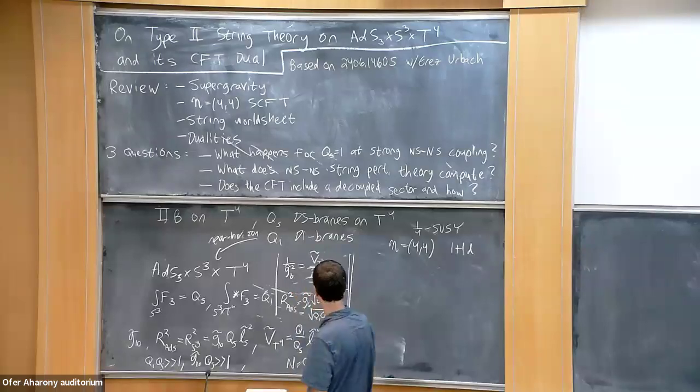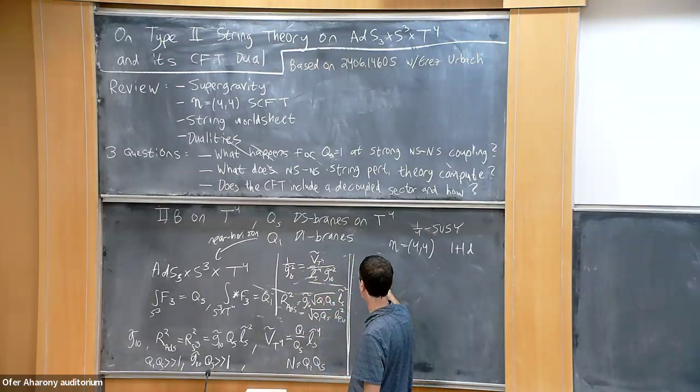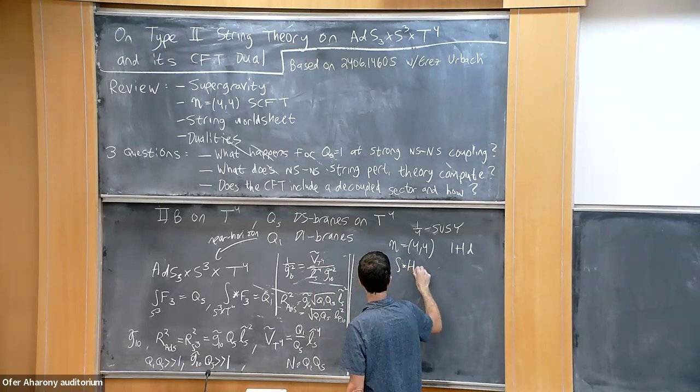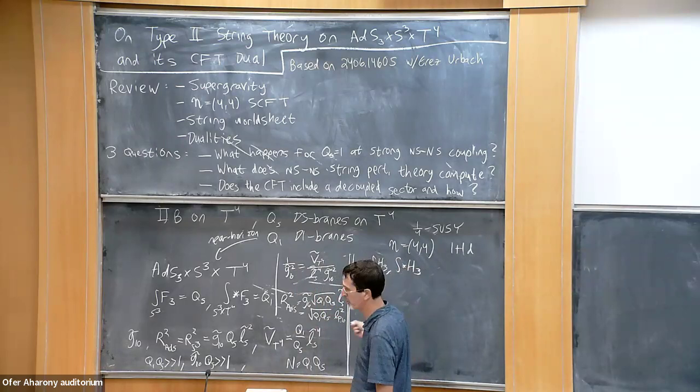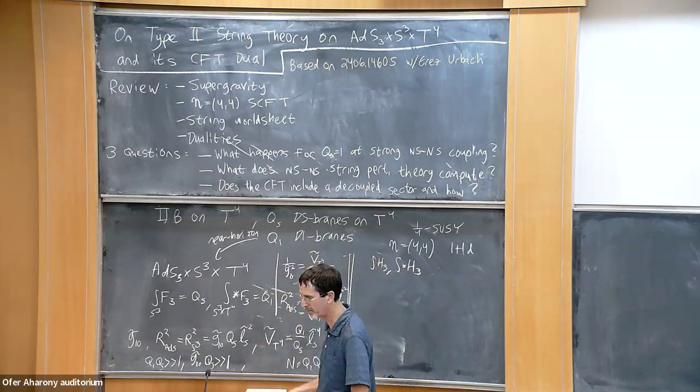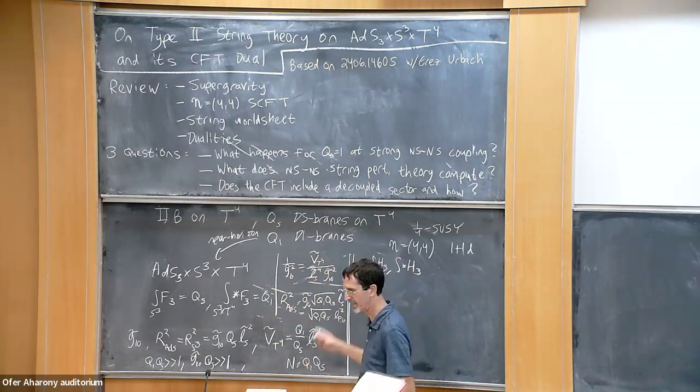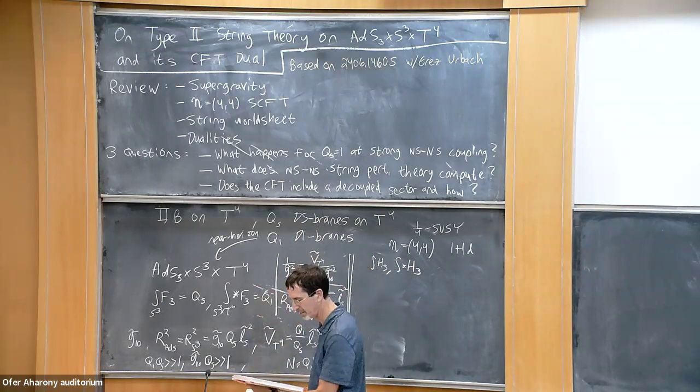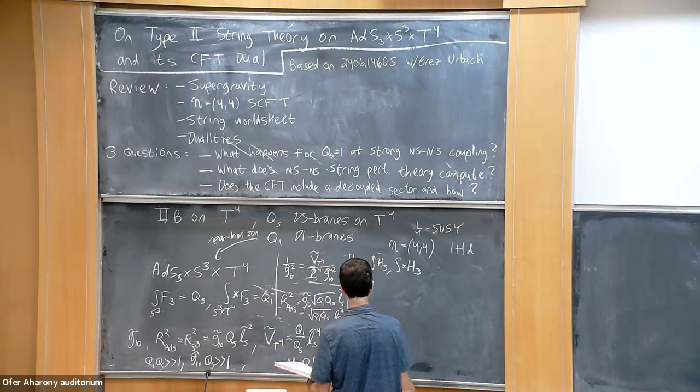Now we can perform an S-duality of type 2b string theory and describe the same background with NS fluxes, I mean H3 and star H3. Alternatively, we could just start from Q5 NS5-branes in type 2 string theory and Q1 fundamental strings and take the near horizon limit. That's of course related by S-duality to the previous case.